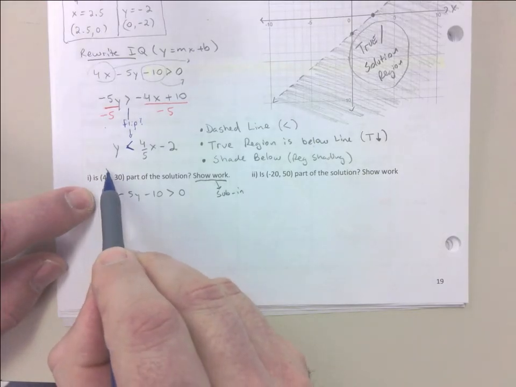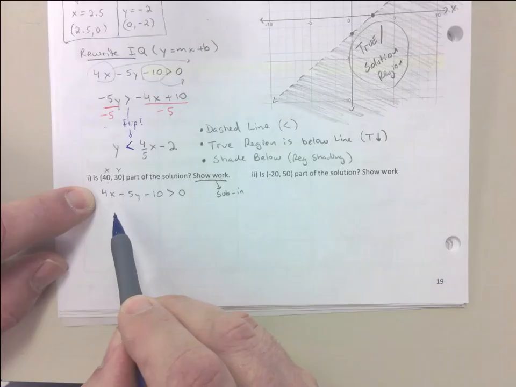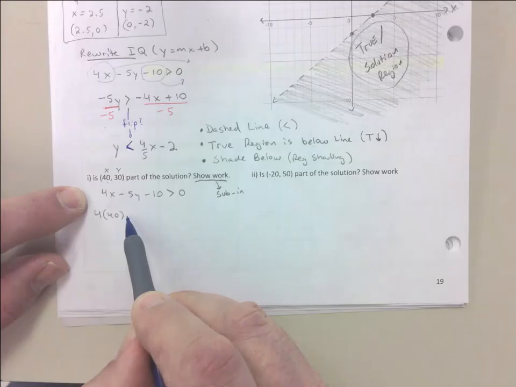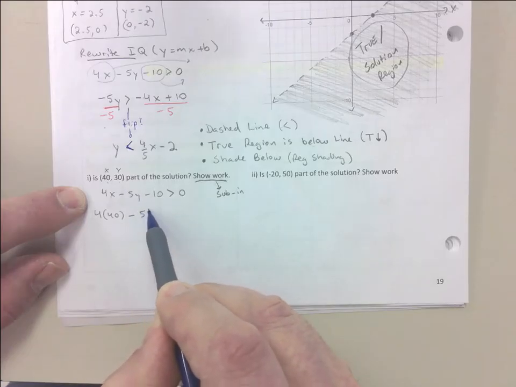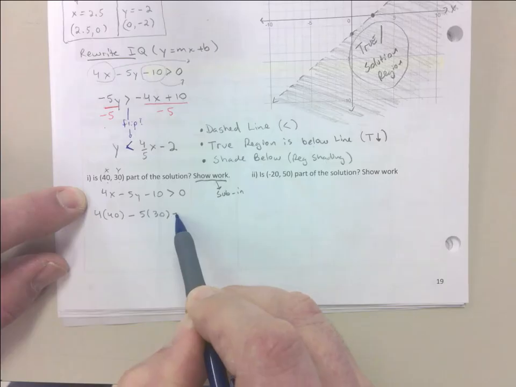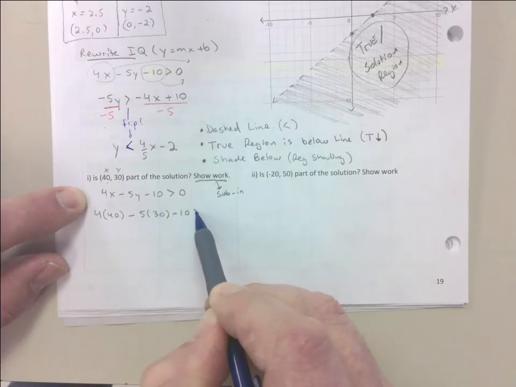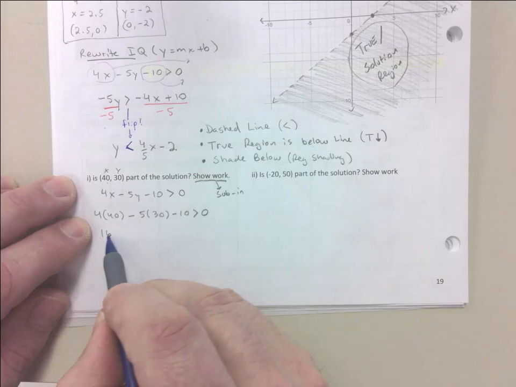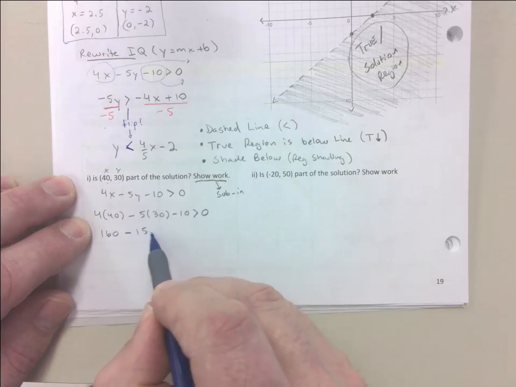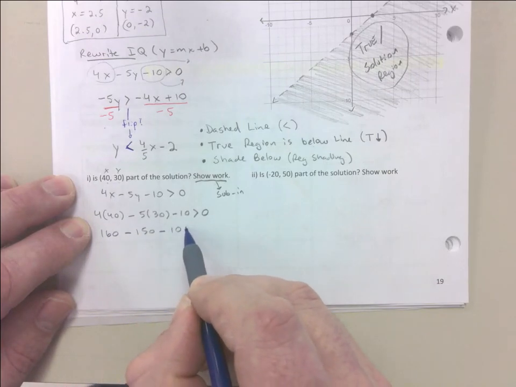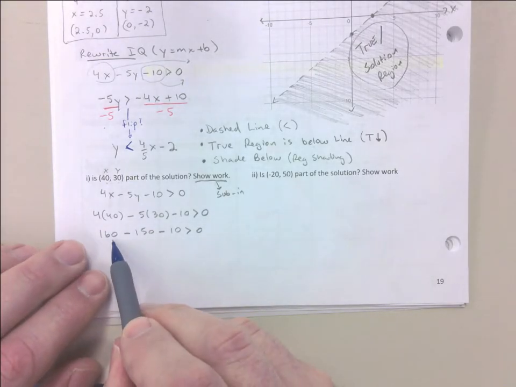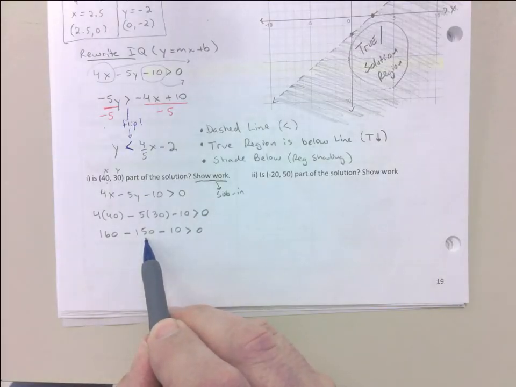So this is x and this is y, right? So you'll go 4 times 40 minus 5 times 30 minus 10 is greater than 0. If you do this, you get 160 minus 150 minus 10 is greater than 0. 160 minus 150 is 10.